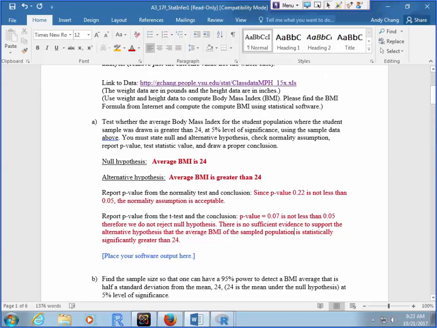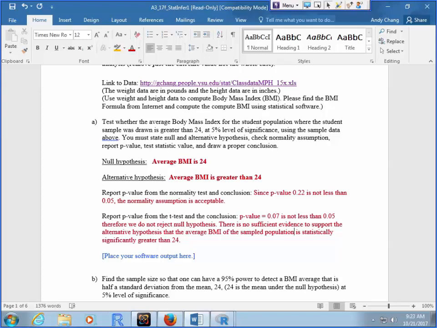I just like students to have a habit of writing it this way. Now, when you write a research paper, you don't have to write it this way, right? But if you have a good habit of writing this way, anytime you're writing a conclusion, you realize that, okay, now I don't reject the null hypothesis, my evidence is not statistically significant enough. All right, this is a statistical test, right?